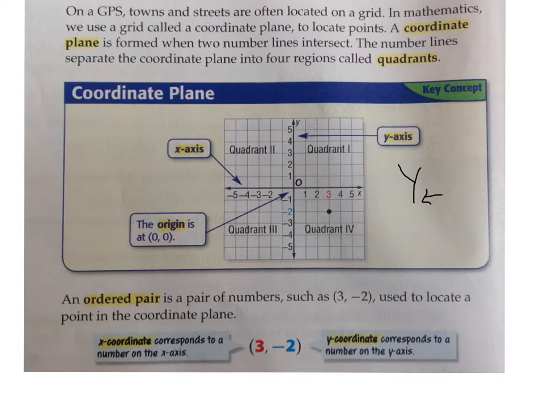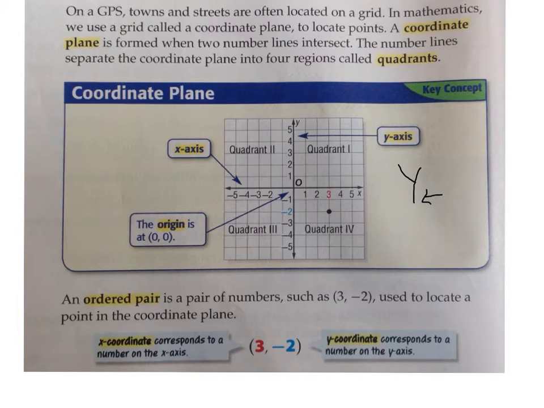And I always remember this, if you think about the alphabet, W, X, Y, Z, right? So X comes before Y. So the first number in an ordered pair is always the x-coordinate, and the second number is the y-coordinate. X, Y, and then Z would be there. So that always helped me.